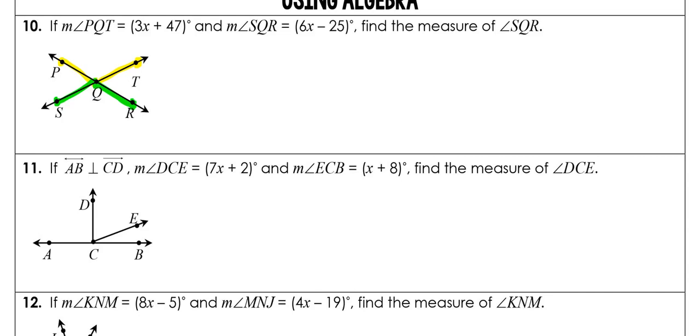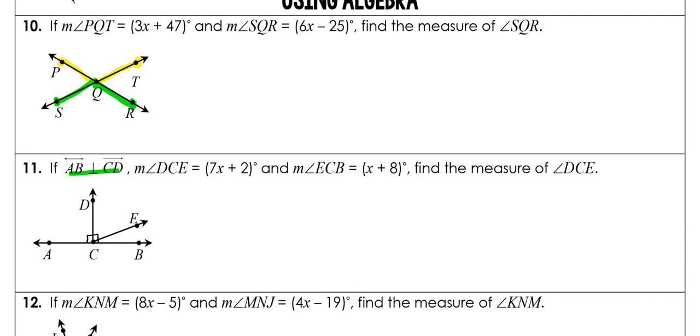Let's look at 11. It's telling me that AB is perpendicular to CD. That's the first thing it's saying. So when I go over here and I find AB and CD, I'm going to note that it's 90 degrees. Okay?